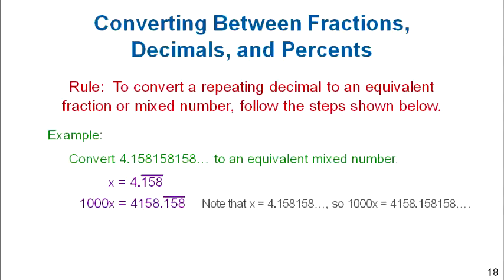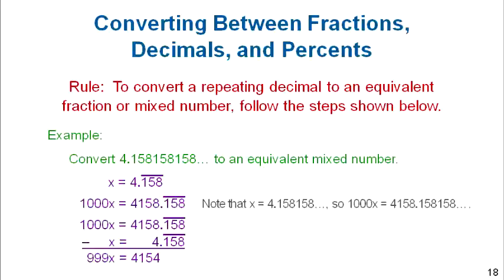Next, I'll subtract these two equations from each other. 1000x minus x is equal to 999x, and 4158.158 with the 158 repeated minus 4.158 with the 158 repeated is equal to 4154.